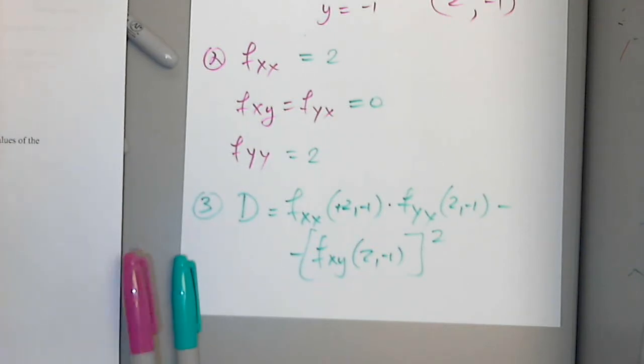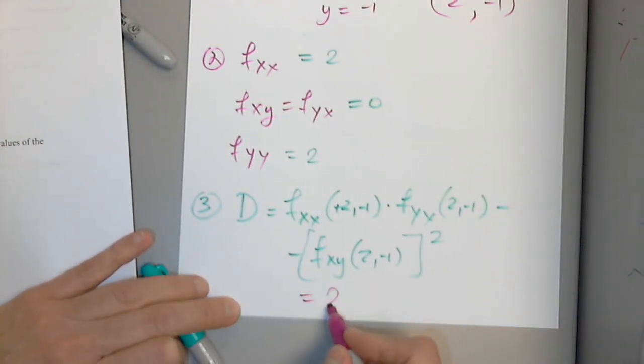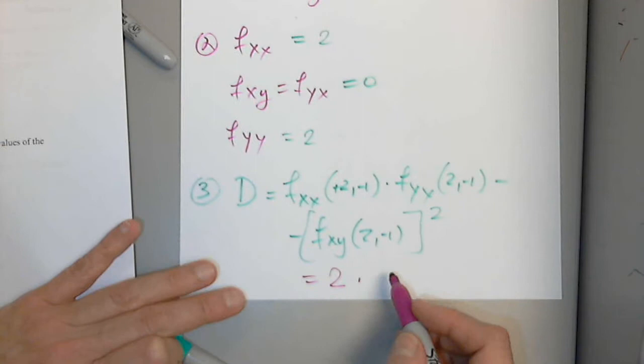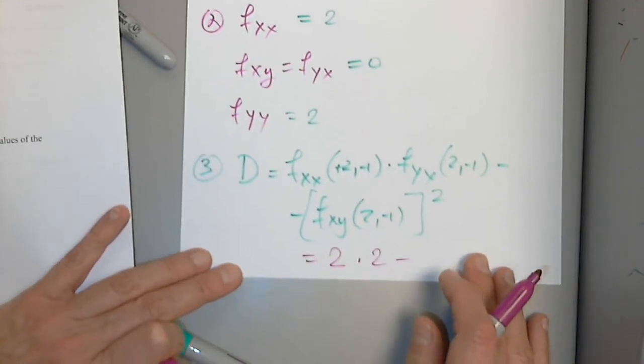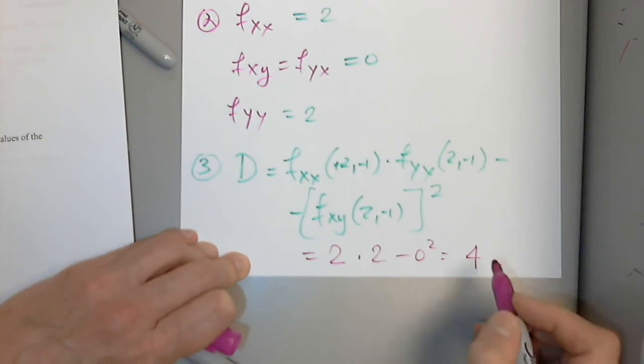So we have 3 possibilities. For D to be 0, to be positive or negative. So how much is fxx? 2. How much is fyy? 2. And how much is fxy? 0. Yes. So 0 squared, so this must be 4.